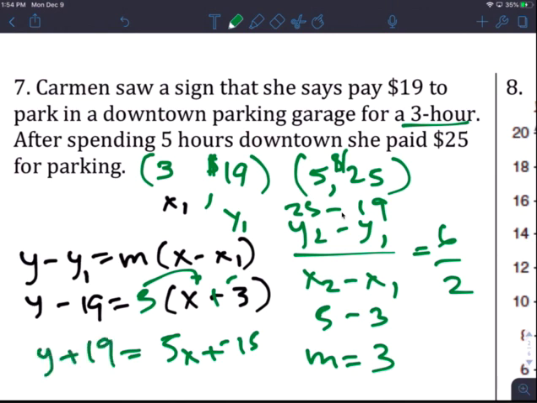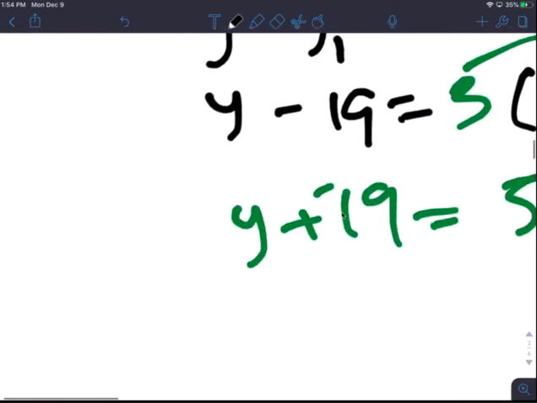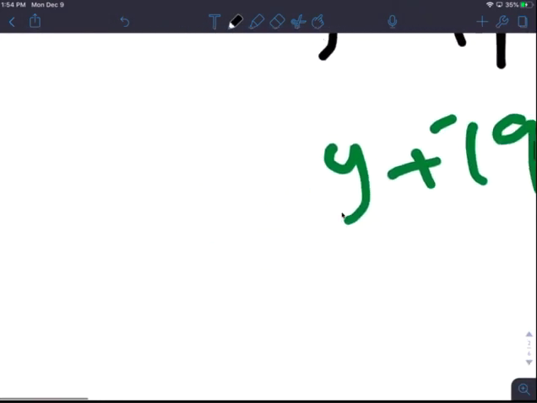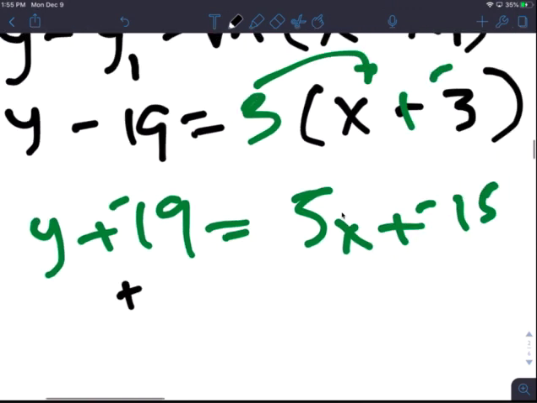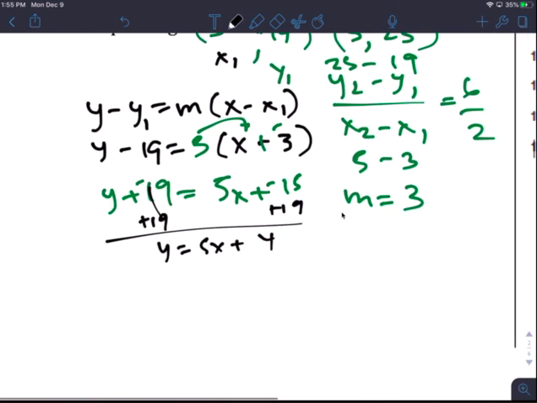Make the 19 equal to 0 because it's on the y side. You need to make one of them 0, so you make negative 19 by adding 19. Y-intercept is 4.